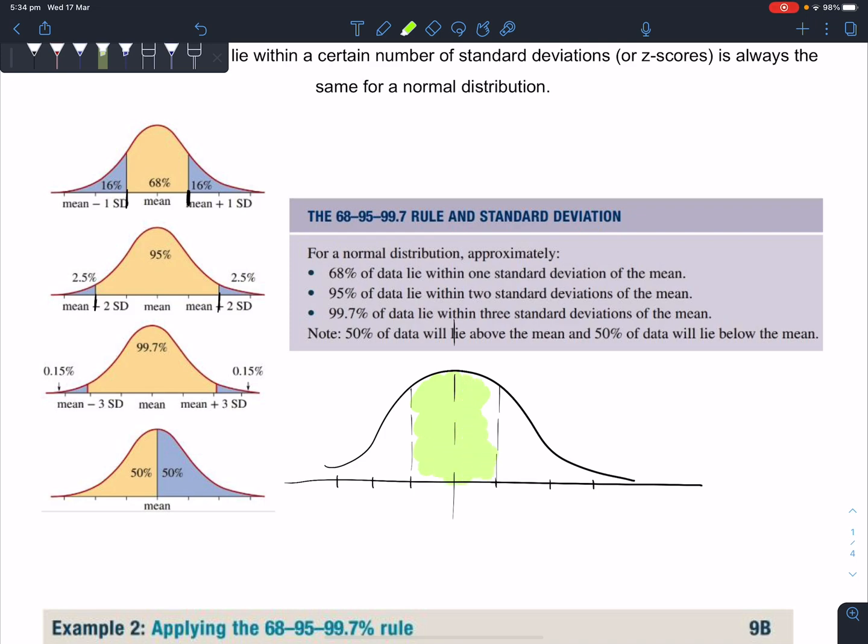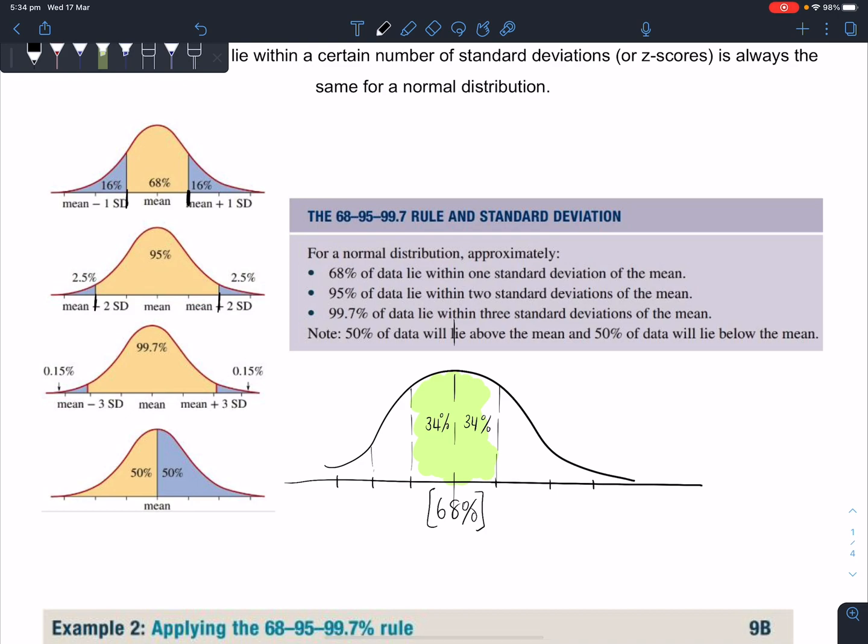That represents 68% of our data within one standard deviation of the mean. Obviously that means that each of these portions is half of 68, so this is 34%, this is 34%, and that's helpful to be able to find because you will need that to work with some of the questions.